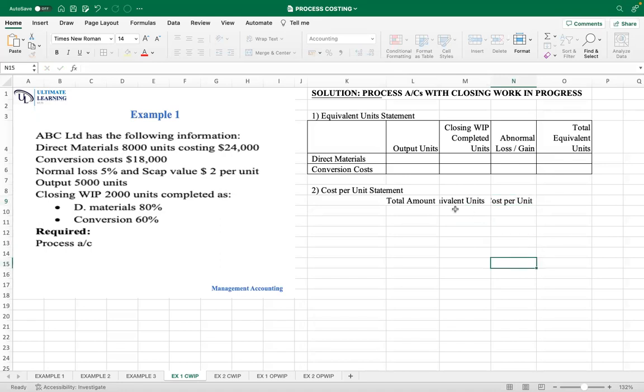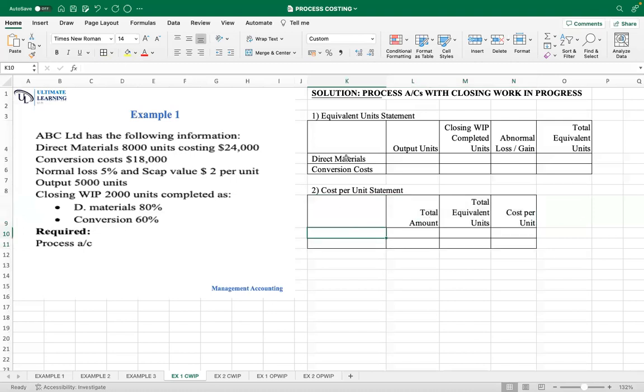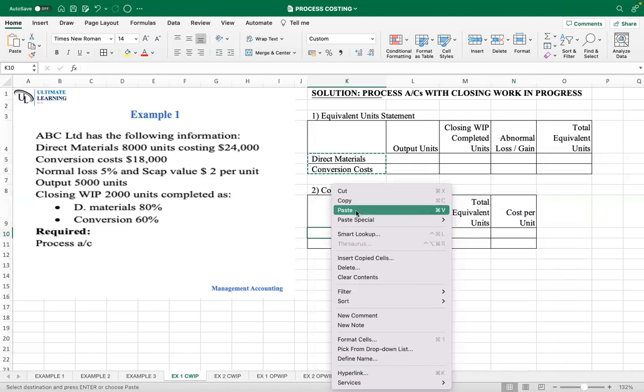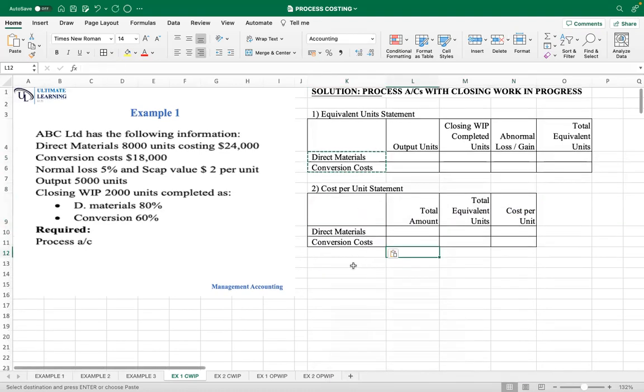Again, you get your direct materials and your conversion costs and paste them there. So that is cost per unit.